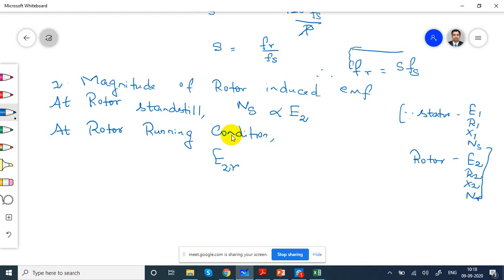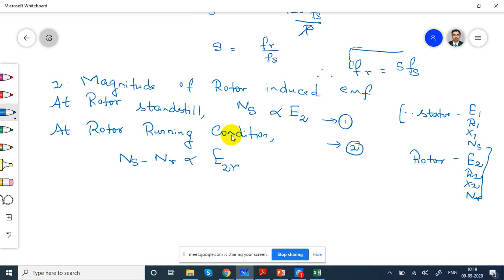This suffix R stands for running. So E2R is directly proportional to the same slip speed, ns minus nr. This is equation number 1 and this is equation number 2.